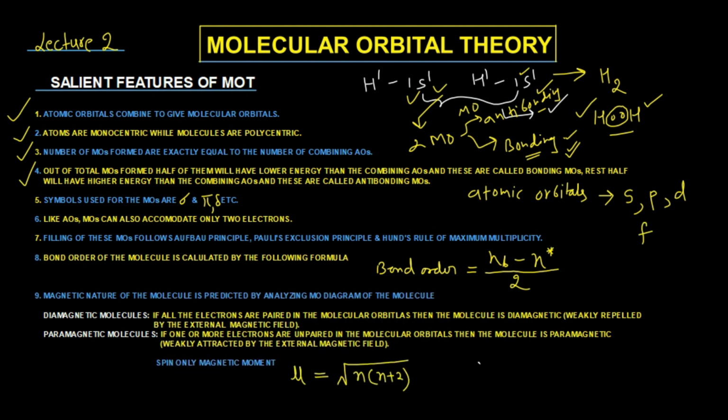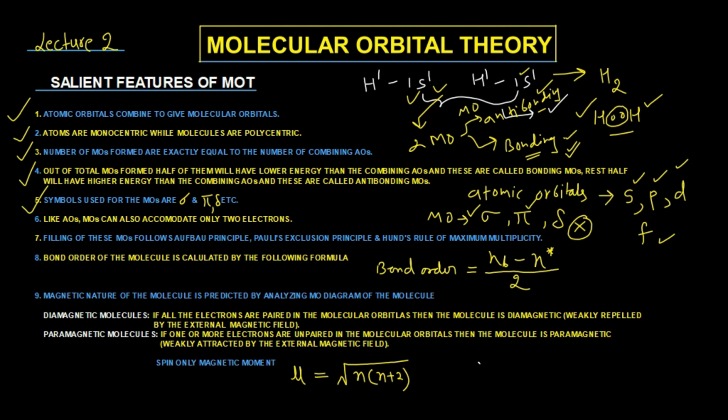These are the full forms, and S, P, D, F are the letters used for the atomic orbitals. But when you have molecular orbitals, you will have sigma bond, pi bond, and you may have delta bond. However, in these diatomic molecules, we will not see the formation of any delta bond, but we will see the formation of sigma and pi bonds regularly. I hope this fifth point is also clear.